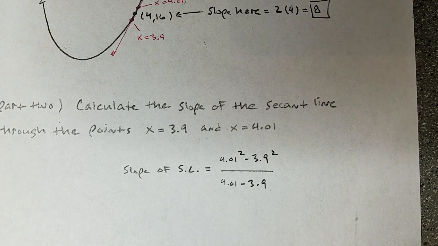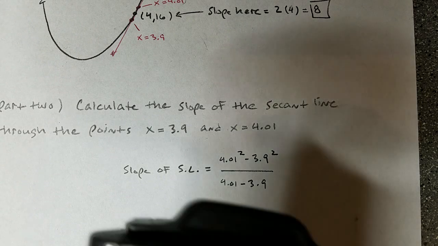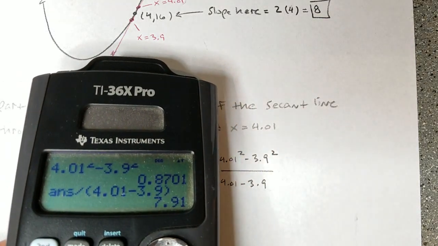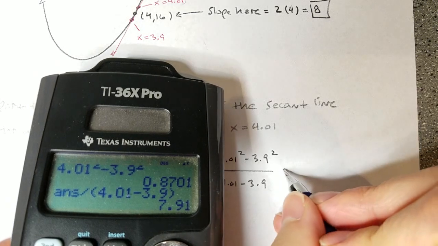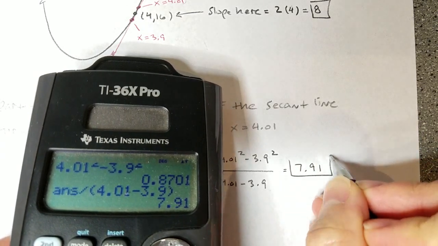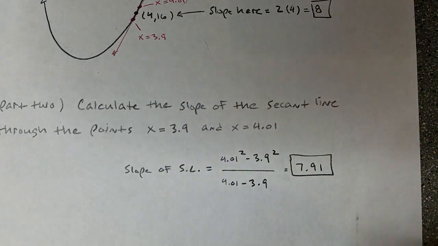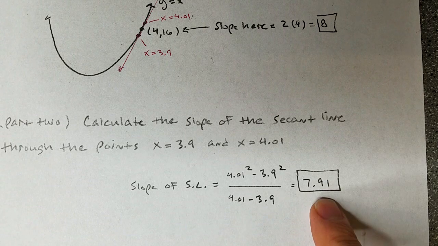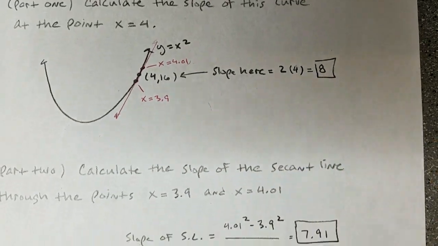So 4.01 squared minus 3.9 squared, divided by 4.01 minus 3.9. Okay, and this is what I get: 7.91. I said it would be about 8. It's not that the math is that hard, but what I really need to convince you of is that we're not surprised at all that we got a number real close to 8.